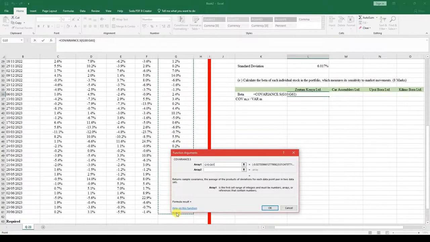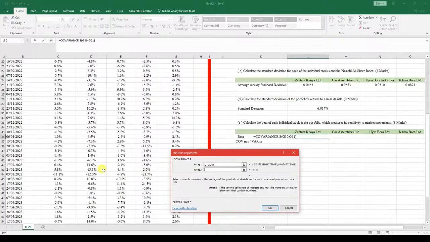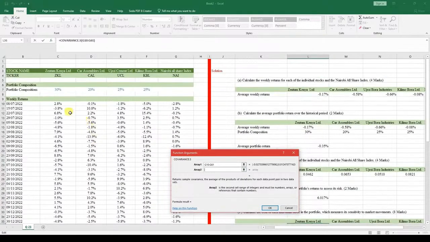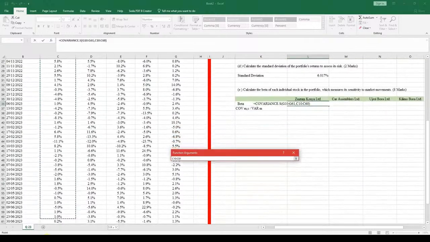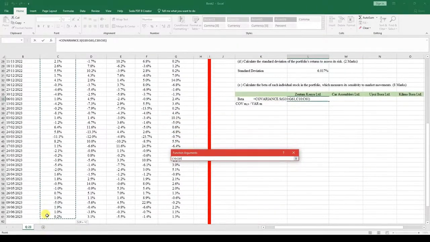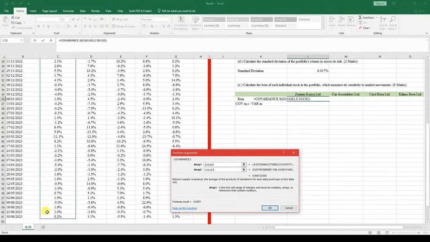Covariance of the market, and on the second array here we put the stock itself over here, like that, covariance of the market and stock like that, and you can see what we've done, covariance of the market and stock.